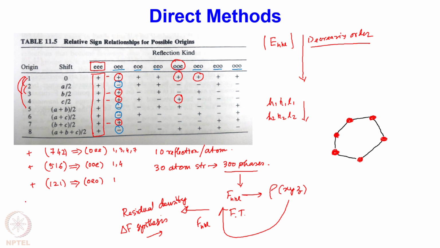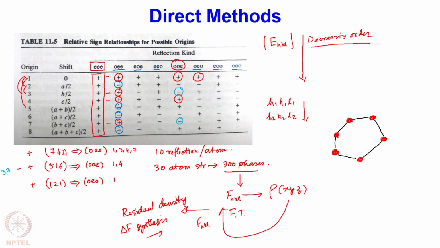So if the phase of 516 had to be minus, then the choices are different. With the plus sign of 742 here, 516 minus is possible at 3 and at 7. That is the choice of origin.